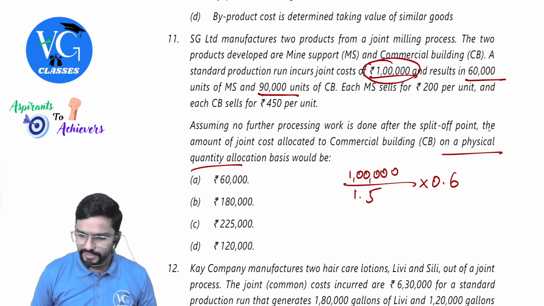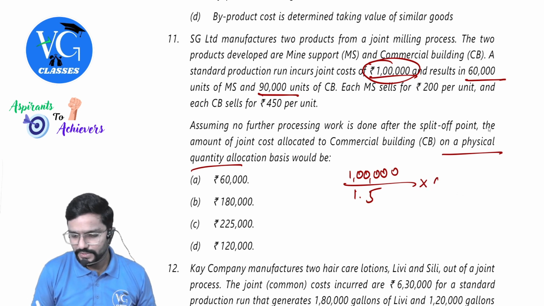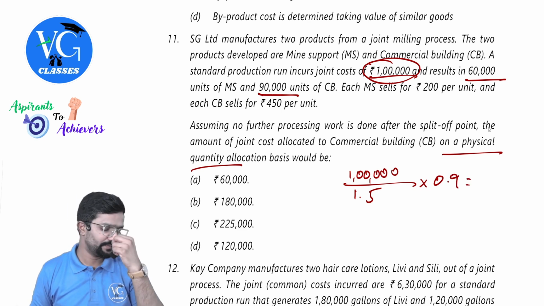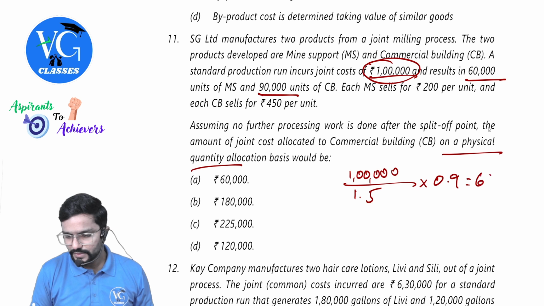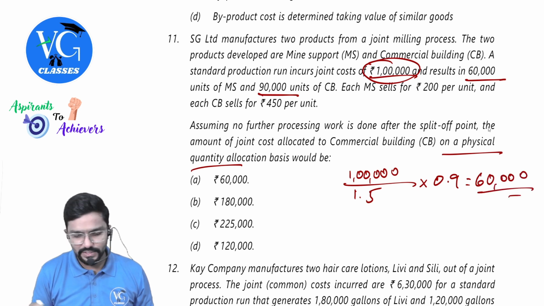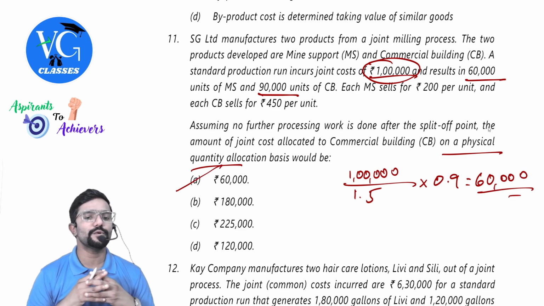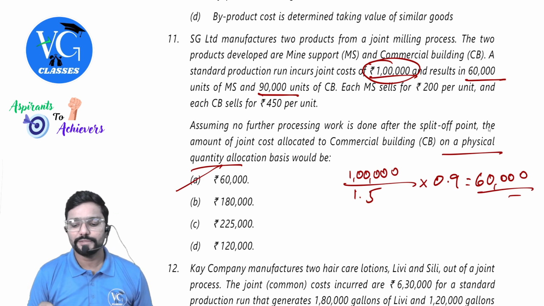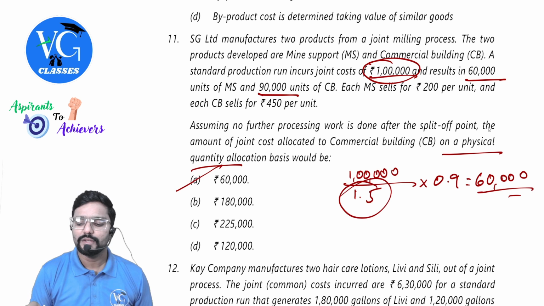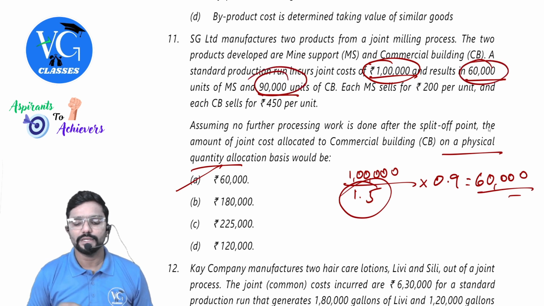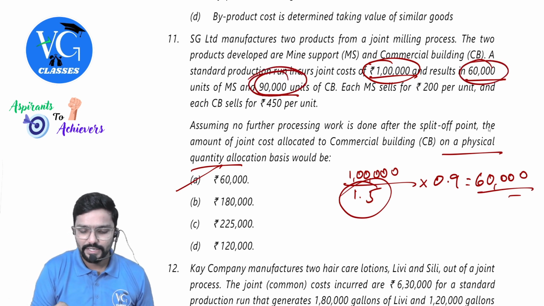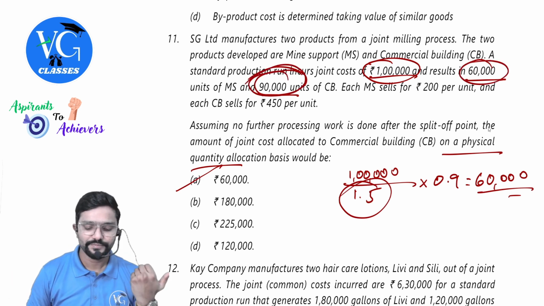Okay, that means it should be 90,000, right? 90,000. Okay, 0.9. How much is that, guys? 60,000. So out of 1 lakh, 60,000 has to be apportioned to commercial building, guys. Okay, so please be careful, sir. How did you get 1.5 lakh? 60,000 plus 90,000. Then how much is for commercial building? 90,000. We multiplied with it.